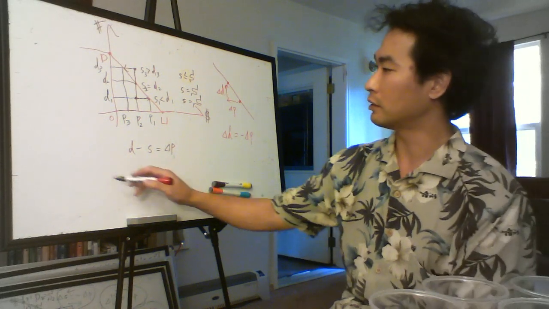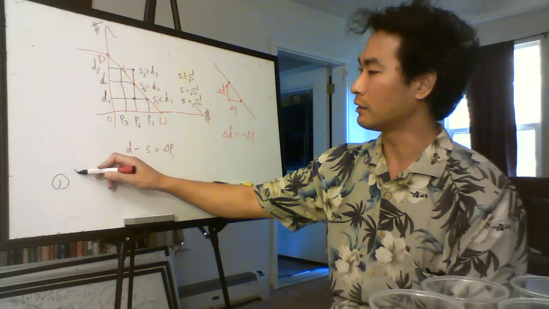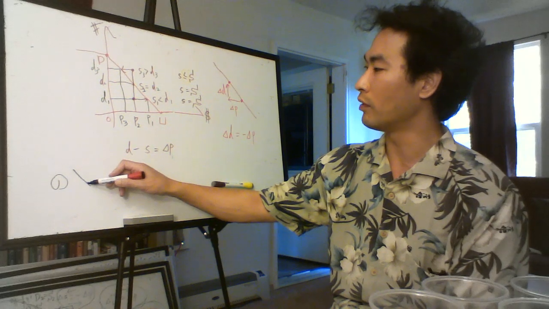So it's like scenario number one. You have a curve like that, and so you have an oversupply situation.